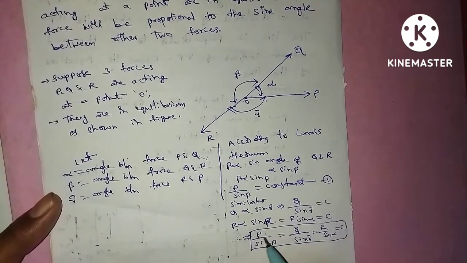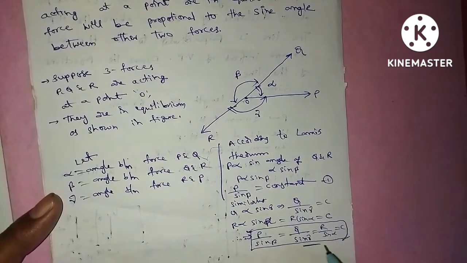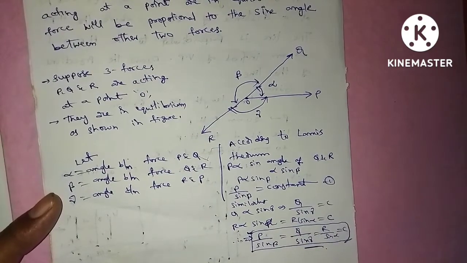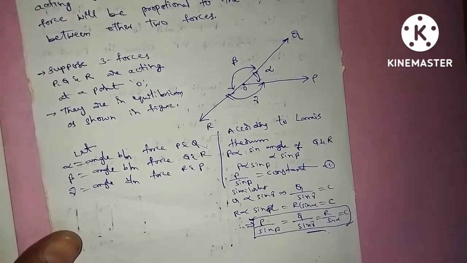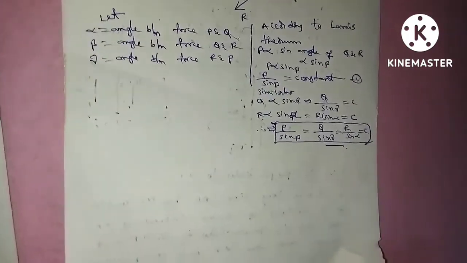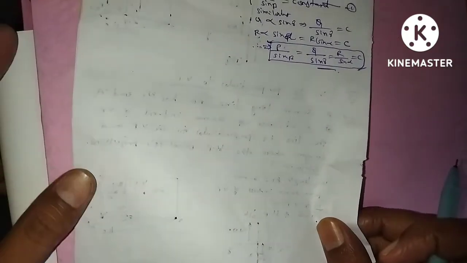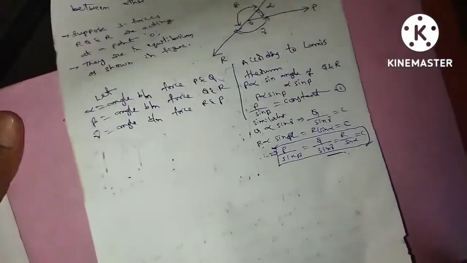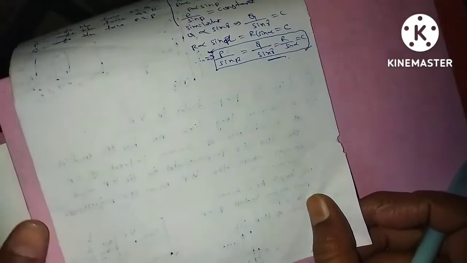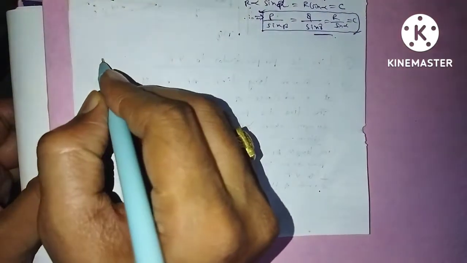So now we will prove the statement. Now the proof. Let's discuss the proof. For proving Lami's theorem, here also we need to consider three forces which meet at point O as shown in the figure.